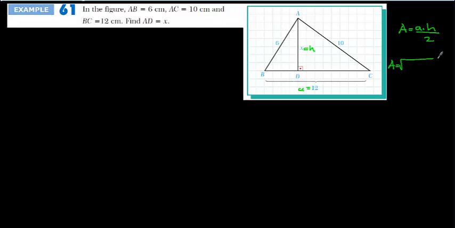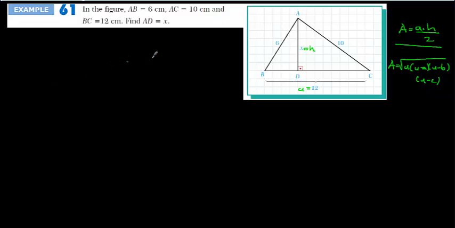Area is equal to root of u times u minus a times u minus b times u minus c. So with both of them, we can find the area, so they must be equal to each other.